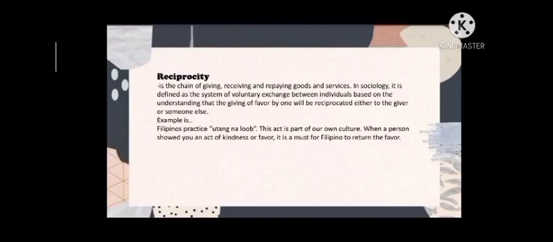For example, Filipinos practice utang na loob. This act is part of our own culture. When a person shows you an act of kindness or favor, it is a must for a Filipino to return the favor. There are three types of reciprocity: generalized, balanced, and negative.